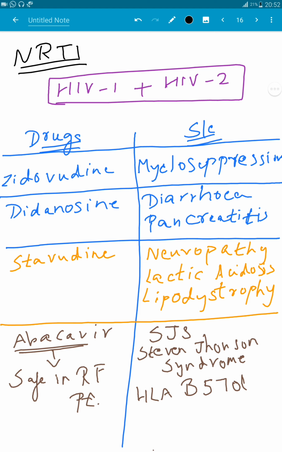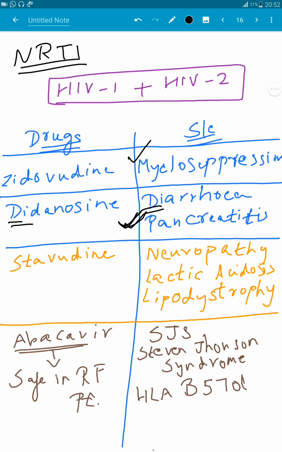First, zidovudine. Its most common side effect is myelosuppression, anemia, cytopenia. Didanosine causes diarrhea and pancreatitis, mainly pancreatitis. It will be asked which antiretroviral drug causes pancreatitis: didanosine.